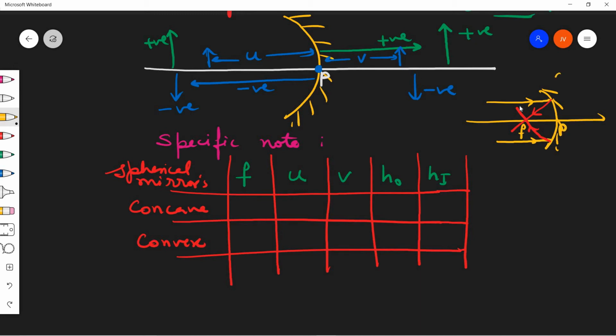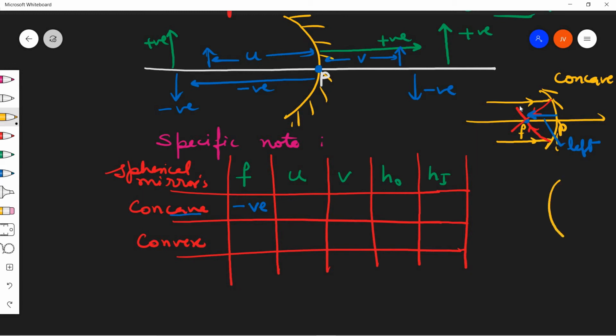And in case of concave mirror, if a parallel beam of light rays is incident on the mirror, they converge or pass through a point that is called the principal focus, and this principal focus is to the left side of the mirror. So in case of a concave mirror, also in case of a concave lens, focal length is negative. Why? Because all distances to the left of the mirror are taken negative.